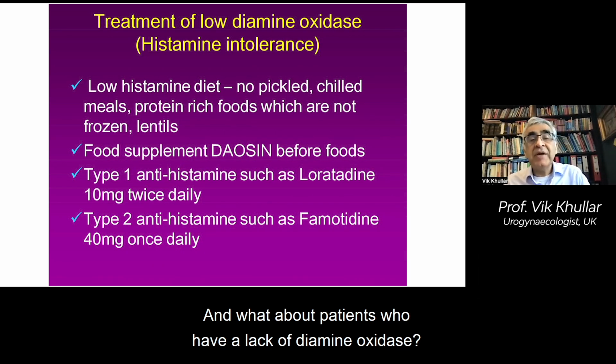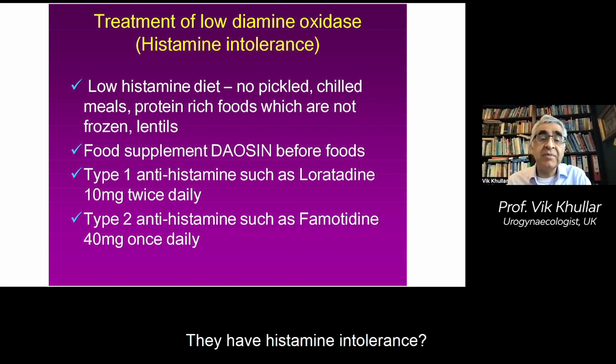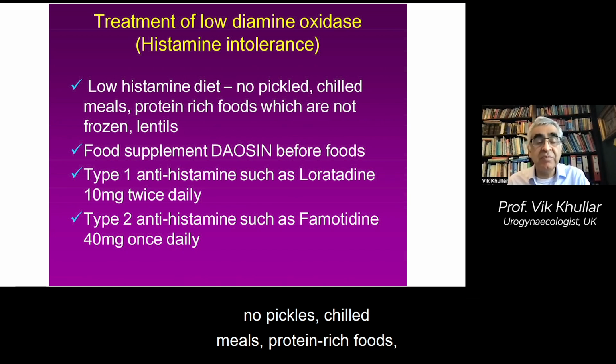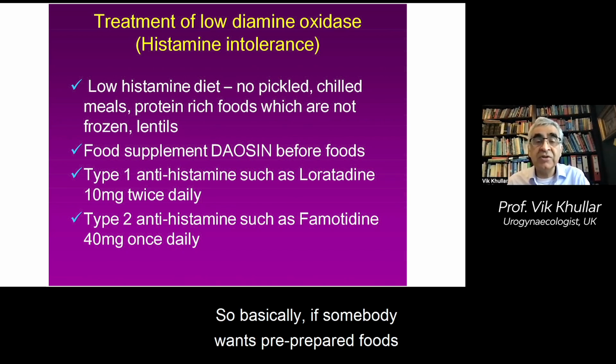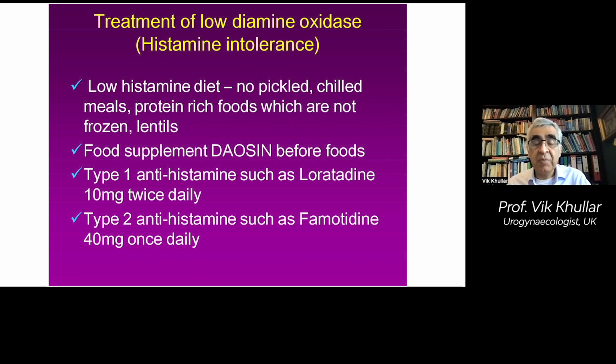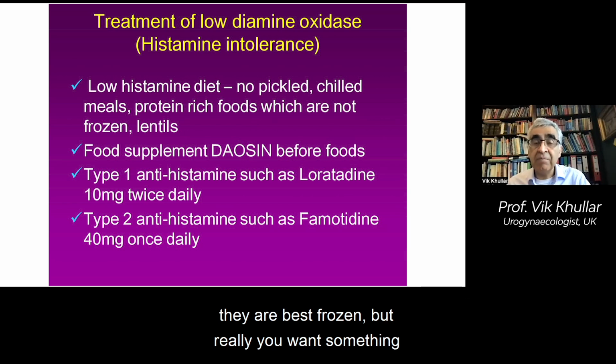And what about patients who have a lack of diamine oxidase, so have histamine intolerance? Well, we go for a low histamine diet, no pickles, chilled meals, protein-rich foods which are not frozen. So basically, if somebody wants pre-prepared foods, they are best frozen.